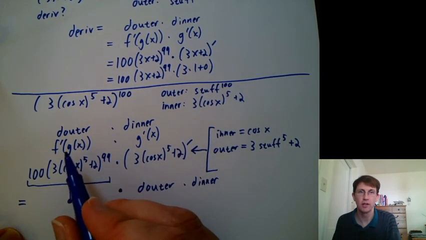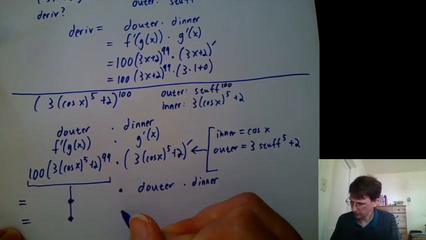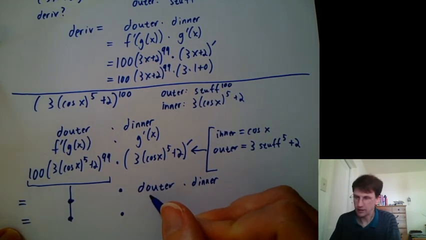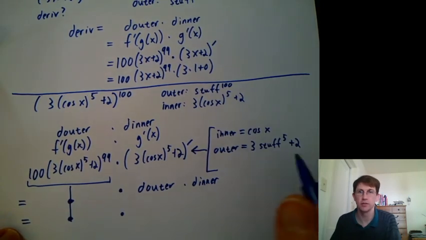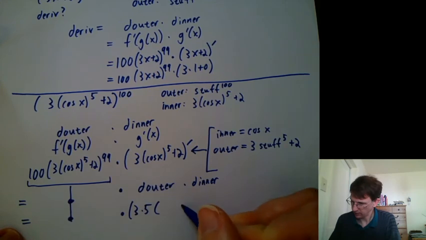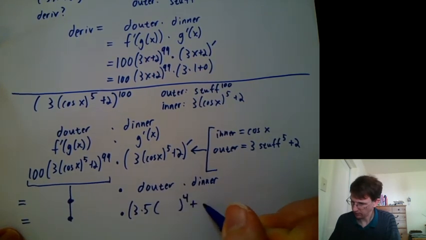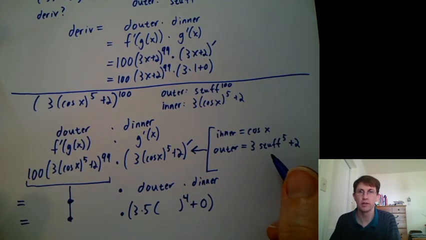So I'm not even going to write f and g. So I'll still have this times, what's d outer? What's the derivative of 3 stuff to the 5th plus 2? That would be 3 times 5 stuff to the 4th plus 0. Just kind of using the power rule on stuff.